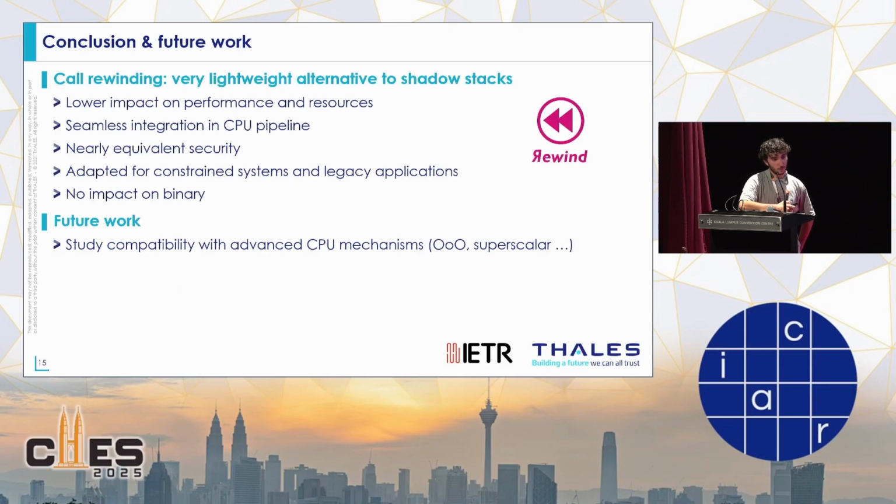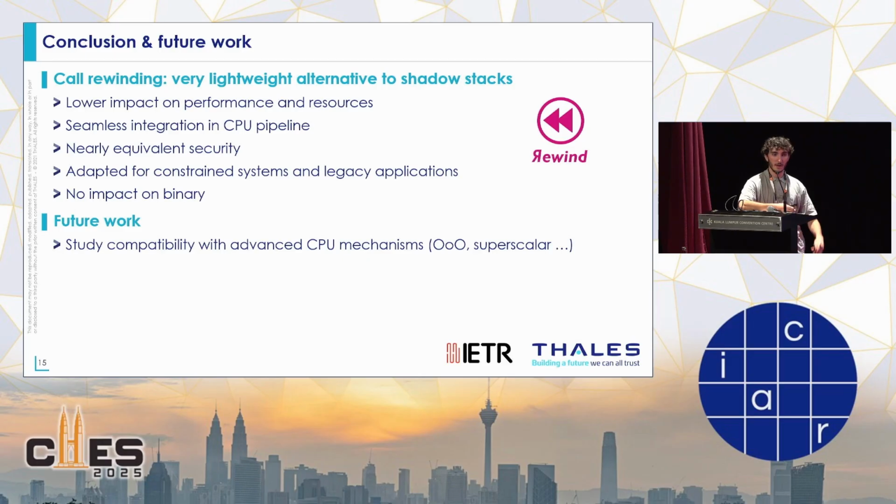All right, so to conclude, core rewinding is a very lightweight alternative to shadow stack that we were able to implement and test on target. It has a lower impact on performance and hardware resources. It has no memory footprint, which is something important for embedded systems, and all that for nearly equivalent security.